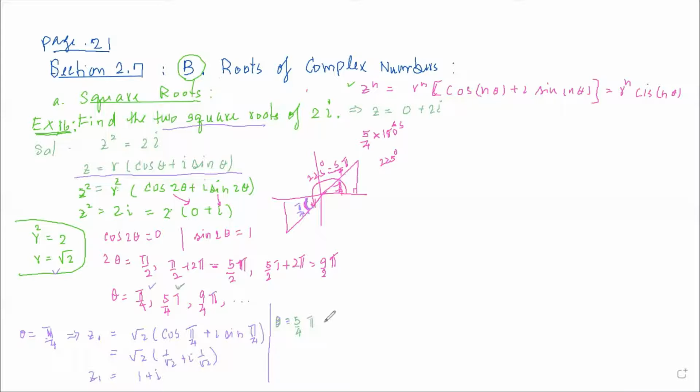Okay, so then you can have the root Z2, subscript 2, which is root 2, the same thing, and then cosine 5 over 4 pi, plus i sine 5 over 4 pi.